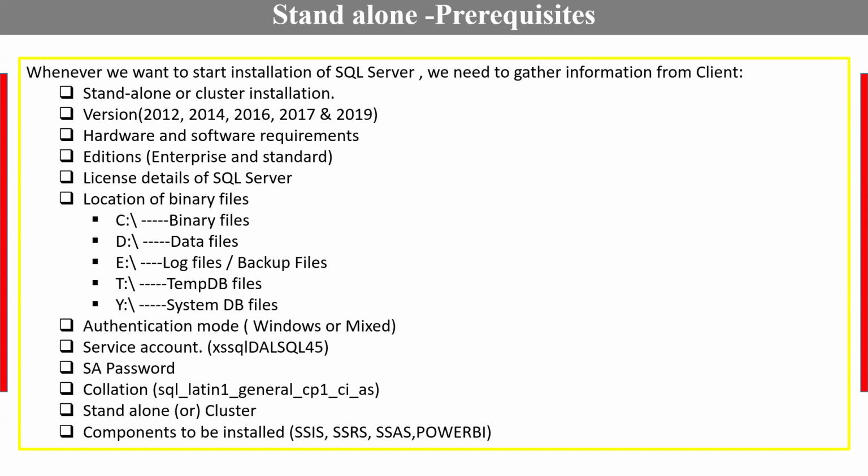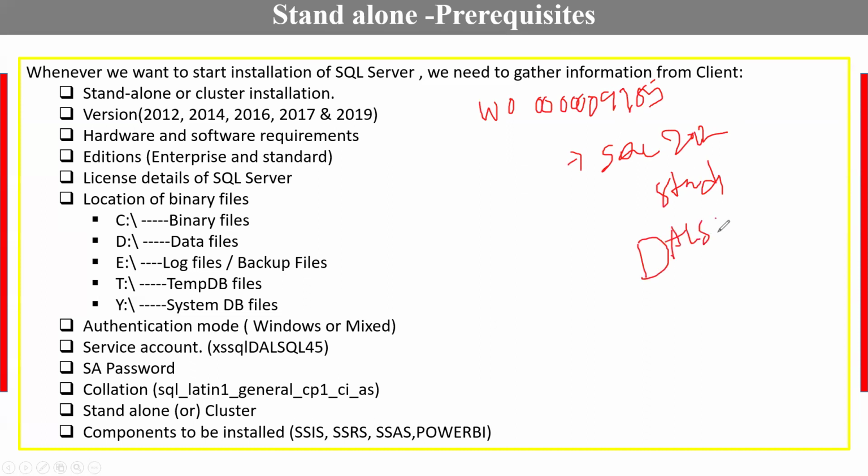For example, you got a new build request. You got a ticket, sir, a new build request, to install SQL Server 2019, Standard Edition, on Dell SQL 195.